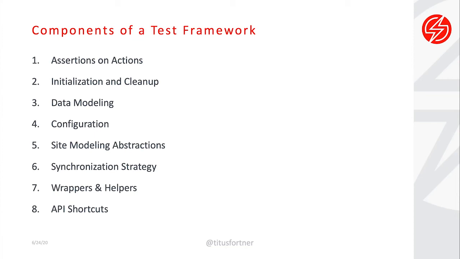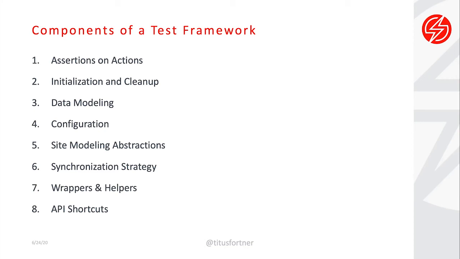There's lots of really interesting ways to take a look at that. That's one of the key things when I'm evaluating someone's code, and especially for performance, is how do we tweak the synchronization and how do we make that better? Then the wrappers and helpers, like a browser wrapper or element wrappers, being able to encapsulate specific behaviors. There's no reason to send keys to a span element most of the time.